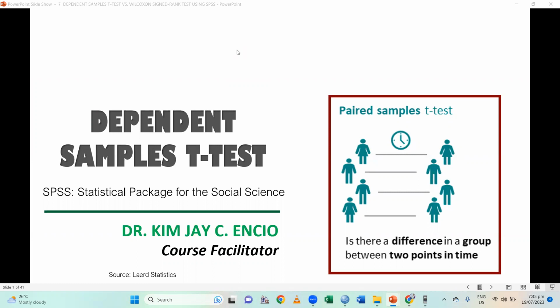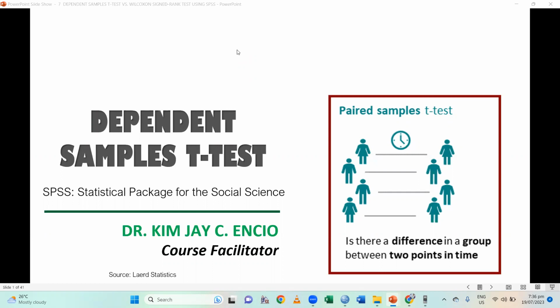But right now, there are certain instances, for example, if you gather data from your respondents twice, and you wish to compare if there is a significant difference between paired data.